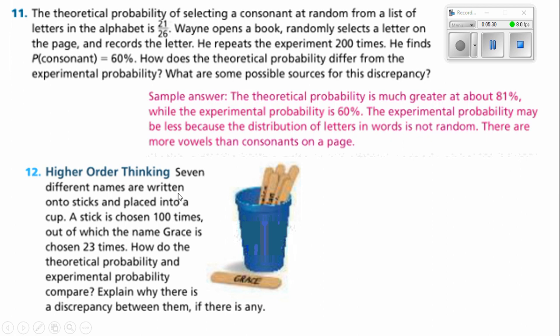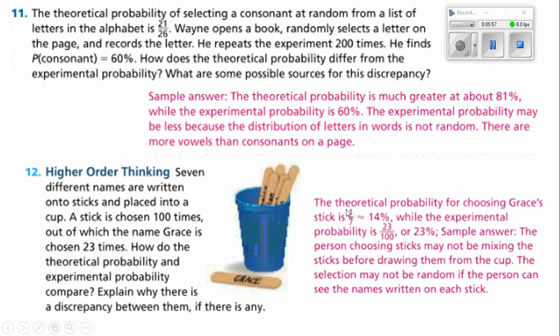7 different names are written on sticks and placed into a cup. A stick is chosen 100 times, out of which the name Grace is chosen 23 times. How do the theoretical probability and experimental probability compare? Explain why there is a discrepancy between them, if there is any.